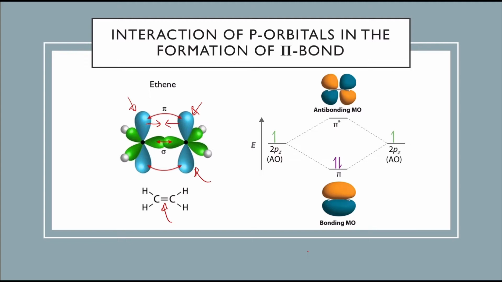The diagram on the right is the orbital energy level diagram, which shows the energy level of orbitals. The ones in the middle are MOs, which are formed after the interaction, while the ones on the sides are the original atomic orbitals.